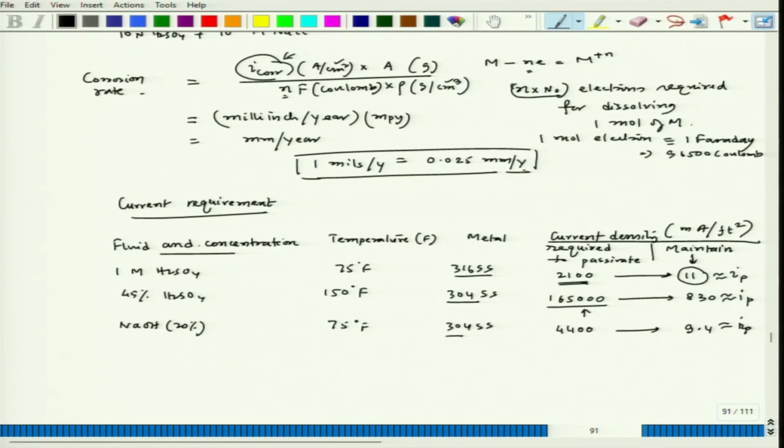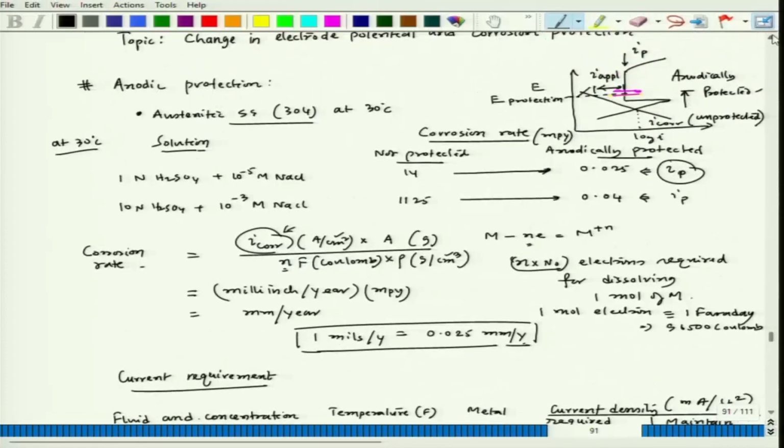I applied means IA minus IC, and in this diagram this indicates IC, this indicates IA, and since it has gone to the anodic polarization segment, we are taking the potential towards the positive direction.